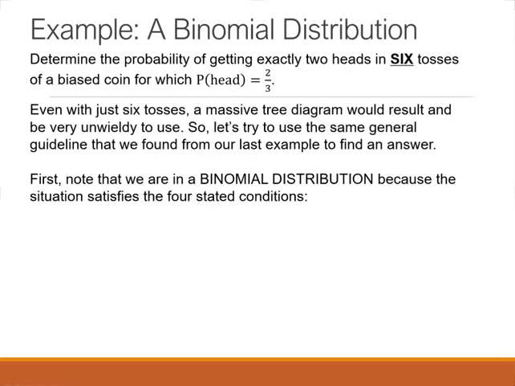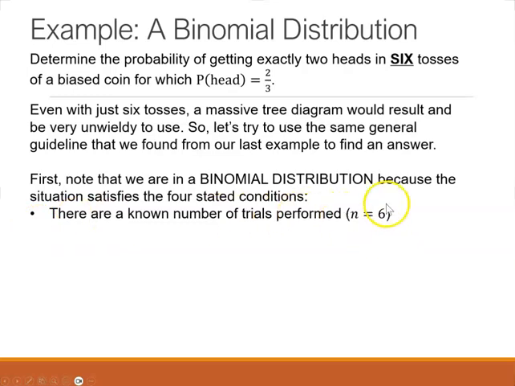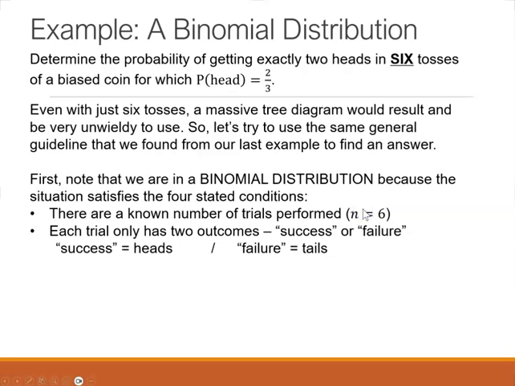So the first thing I want to observe is that this satisfies all the conditions for a binomial distribution. The conditions are that there's a finite number of trials, in this case 6 because we're flipping the coin 6 times. It's success or failure, I either get heads or tails, 2 outcomes.